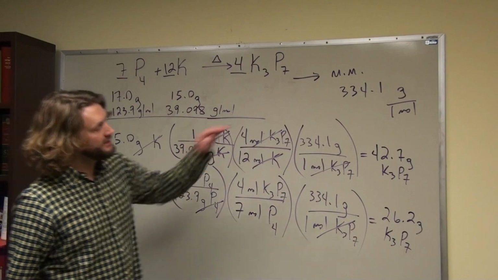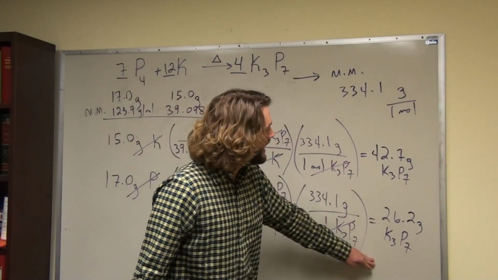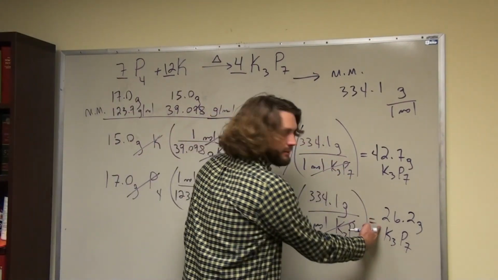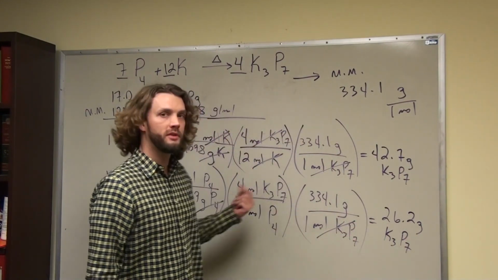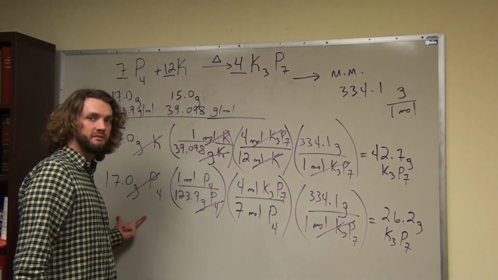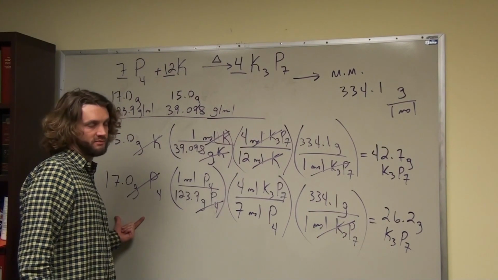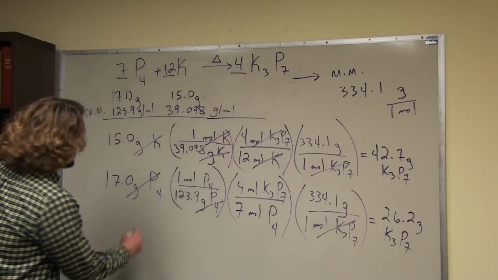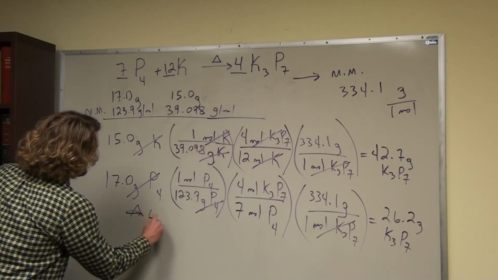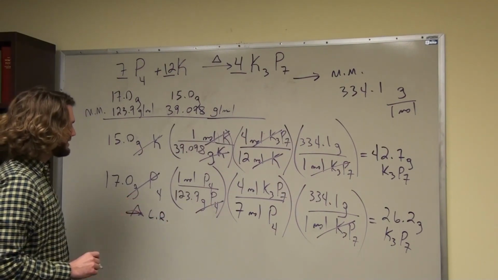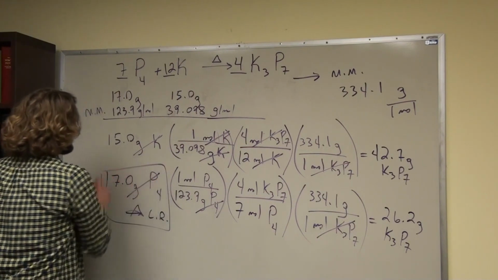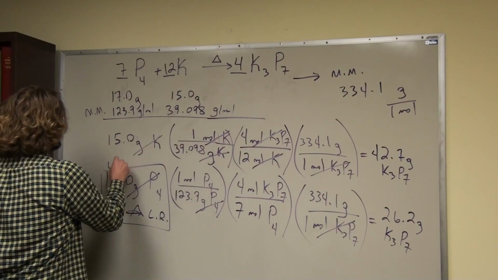So now looking at these two values, I clearly see that there's a much smaller number of grams of K3P7 formed from the complete consumption of that 17 grams of white phosphorus. So what that tells me is that my limiting reactant, I'm going to use LR to describe that, is white phosphorus. So there's our limiting reagent or reactant.